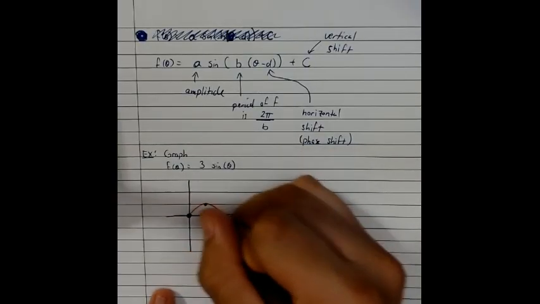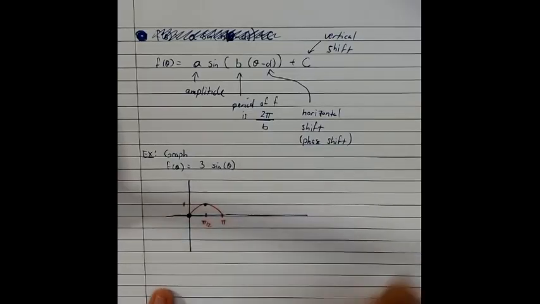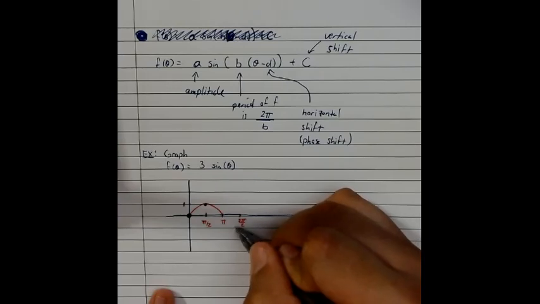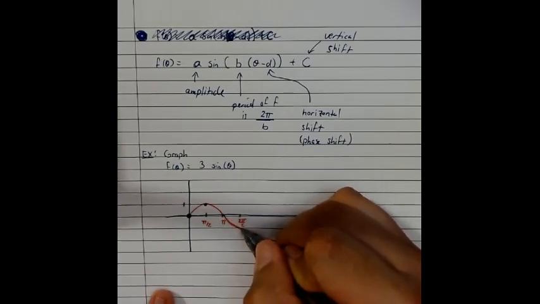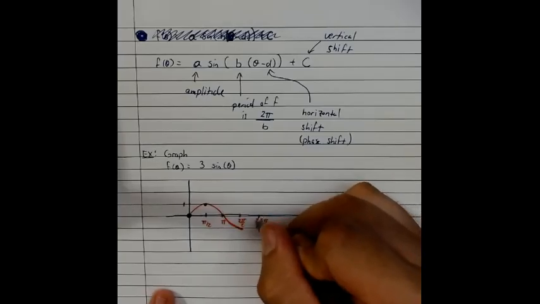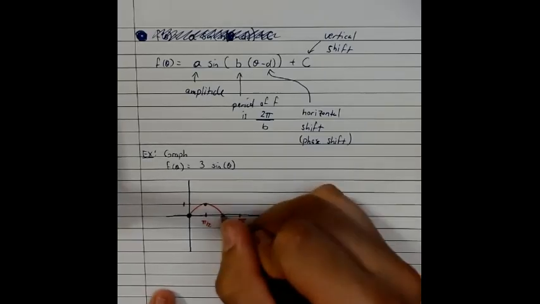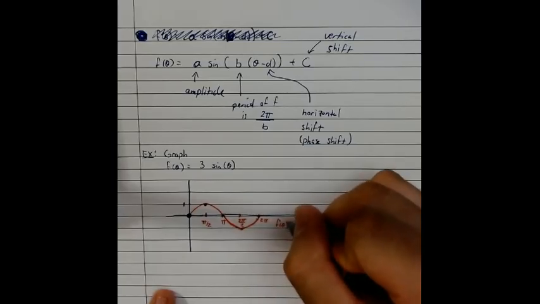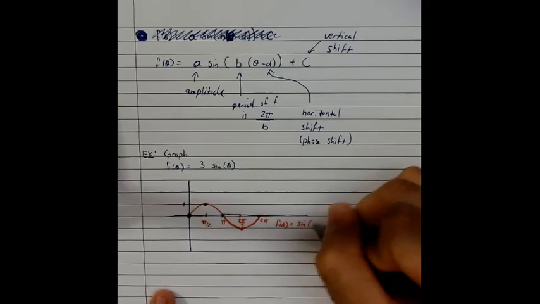So here I went up to a maximum, so that must be 1. And then when I get to 3 pi over 2, that's when I'm at my minimum. That's when my central period of the sine of theta is at a minimum. And then finally, when I get to 2 pi, I get back to the axis. So this is just the graph of f of theta equals the sine of theta.